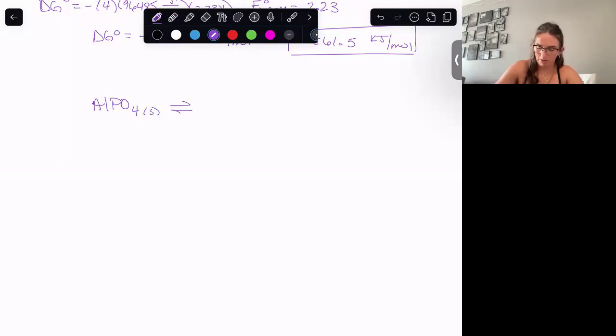So what would our Ksp for this look like? How many ions of aluminum are we forming? How does this break apart? Into what ions?